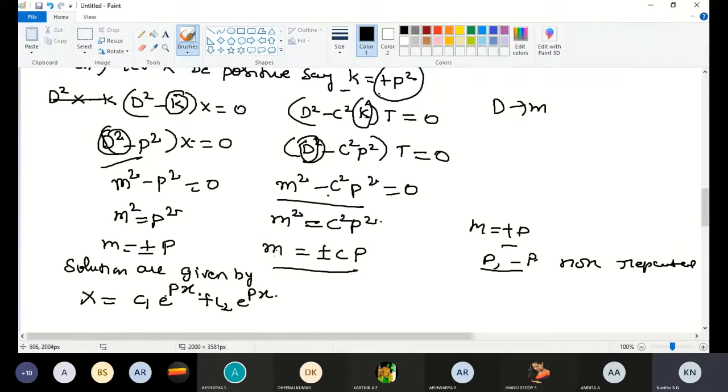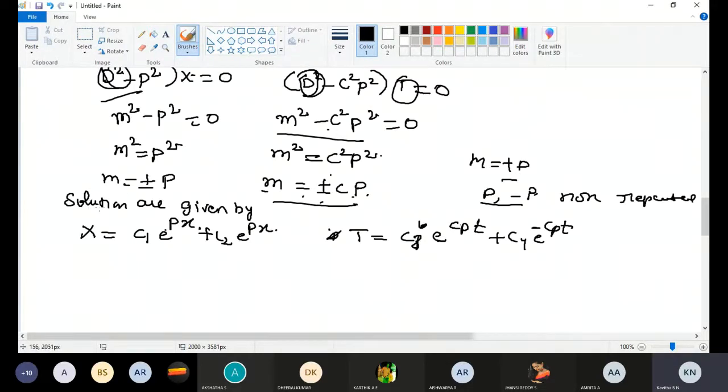And similarly come to here, m is equal to plus or minus cp. Here the variable is t. Capital T is equal to c3 e to the power of cpt plus c4 e to the power of minus cpt. Then write the final solution.